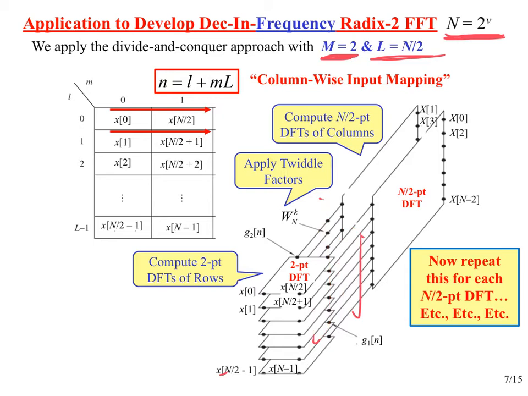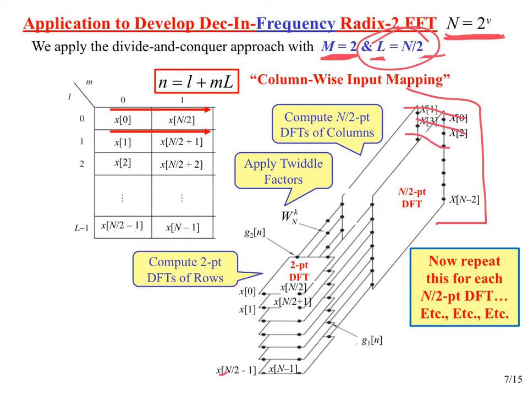And then the resulting combination, well, our divide and conquer says the next thing that we do is the other size DFT down the columns. So we would do n over 2 point DFTs down the columns. And when we're all done, we get our output array indexed row-wise. So 0, 1, 2, 3, 4, 5, and so on.